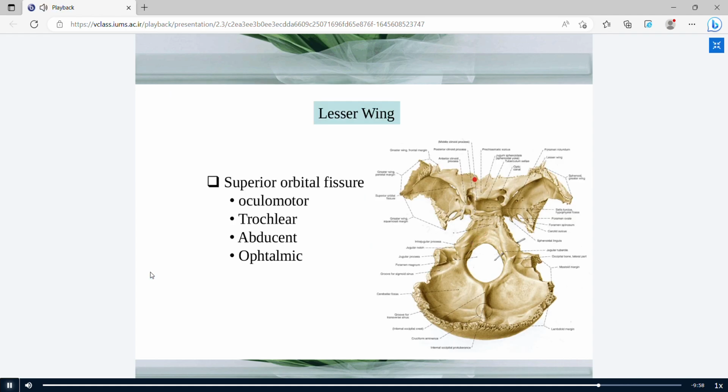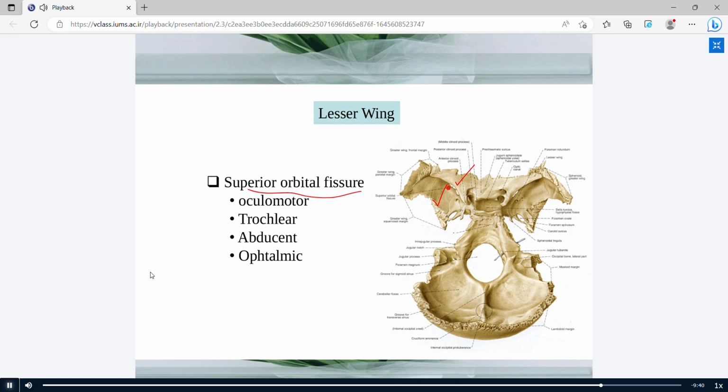This is the lesser wing, and I explained about the superior orbital fissure. The fissure is located between the lesser wing, greater wing, and body.